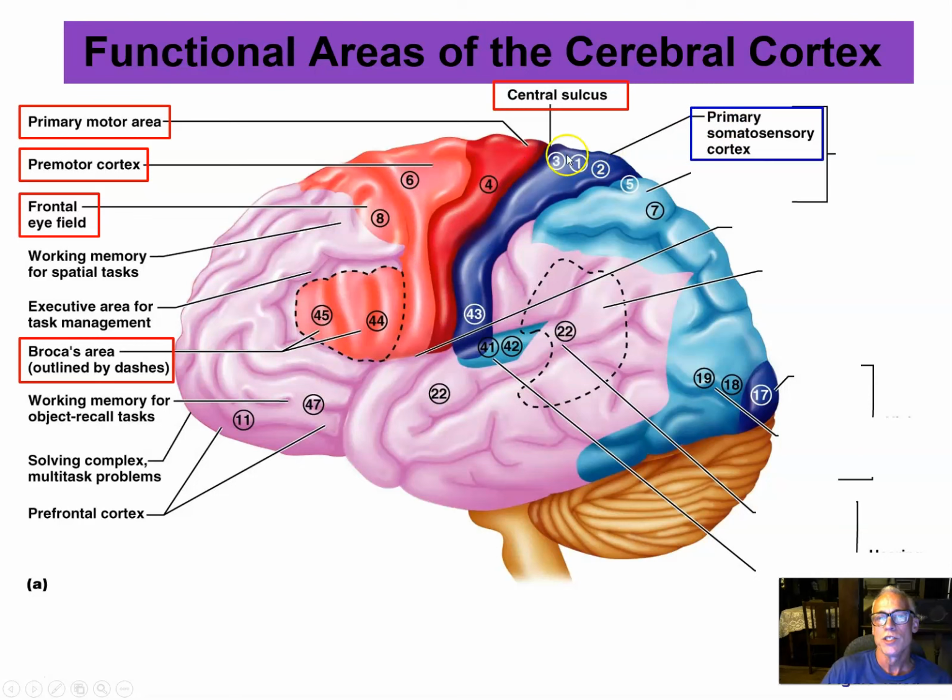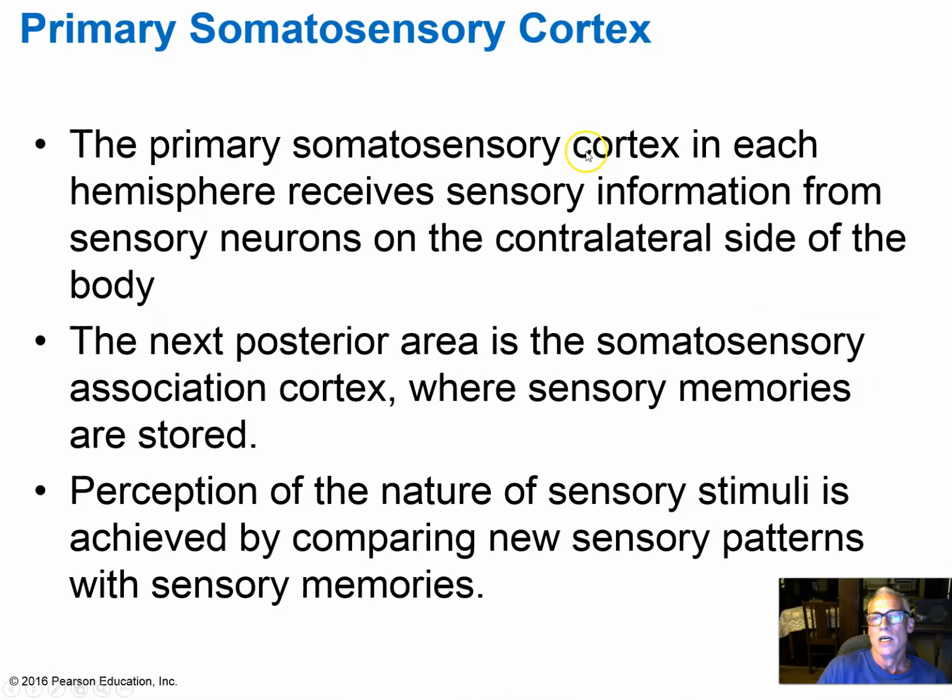If we go to the postcentral gyrus, the first gyrus posterior to the central sulcus, is the primary somatosensory cortex. All the sensory neurons that provide information about stimuli that you can consciously be aware of terminate right here in this gyrus. So really amazing and cool organization. But it's just a listing out of neurons that are being activated by stimuli. What does it all mean? In order to find that out, we need to scope out the memories that are stored in the association cortex.